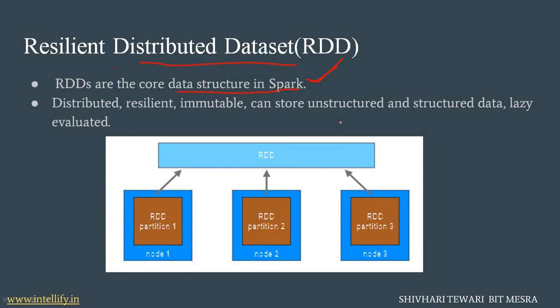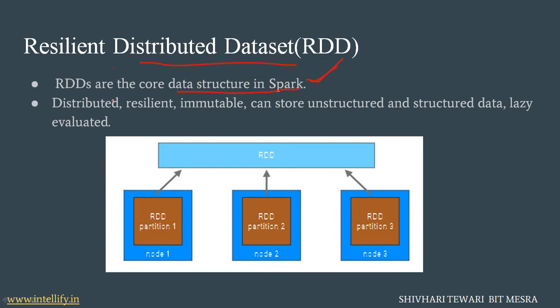It can store both kinds of data, and it can be lazily evaluated. That's why Spark is built in such a manner that it can handle all kinds of data. Structured data means data in the form of an index or a table. Unstructured data is data in the form of video, audio, or which has come from the interchange of processes between two machines.